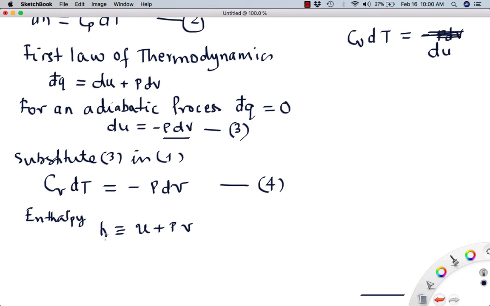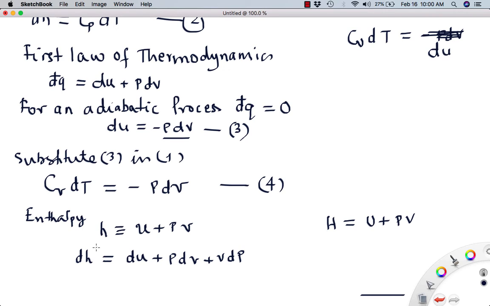If you are talking about total enthalpy, then it would be capital U plus P capital V. Let's take differential on both sides. So dH is equal to du plus, use the product rule here, P dV plus V dP. Okay, so the reason we are doing this is we want to introduce both Cp and Cv in our adiabatic work.